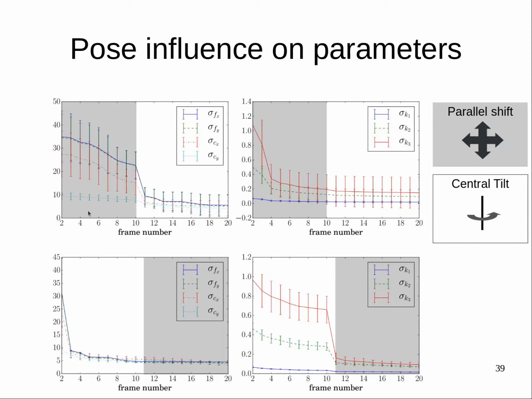So the bottom line maybe is that you need both the shift and tilt. But how to derive a calibration strategy from this?